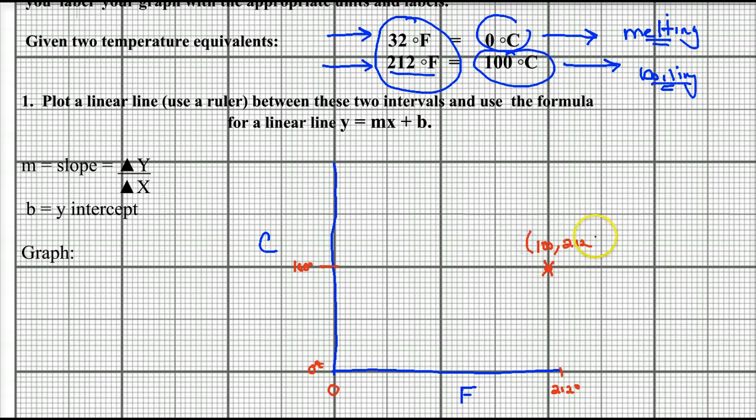That's a standard way we plot our points. And the next one is 0 and 32. I'm just approximating here. There's my point, and I'm going to write the point over here as 0, 32.